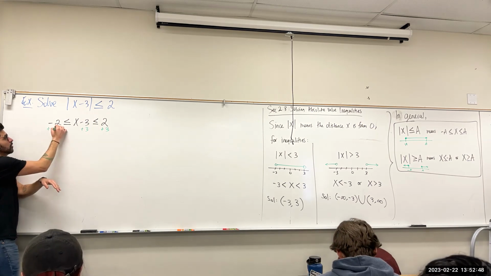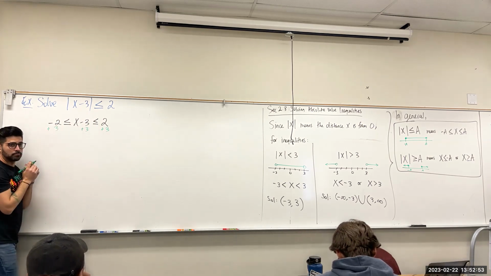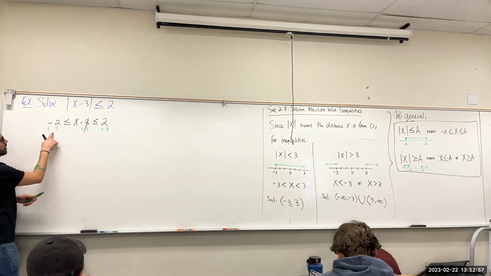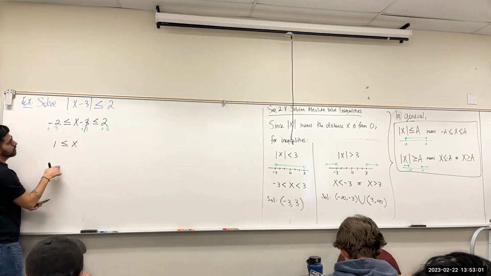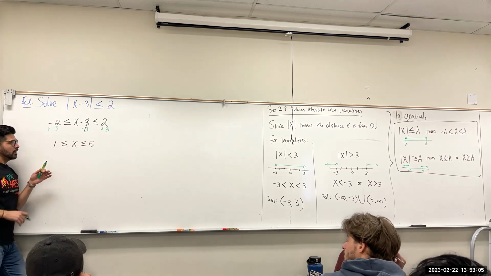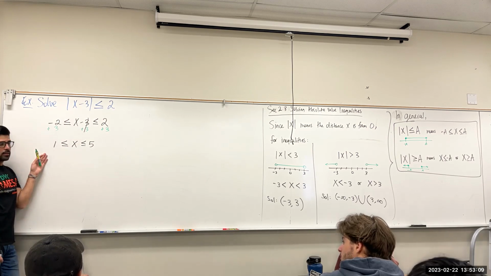I have to do it to both sides and the middle. So this will cancel. Now I end up with 1 less than x, and then less than or equal to 5.